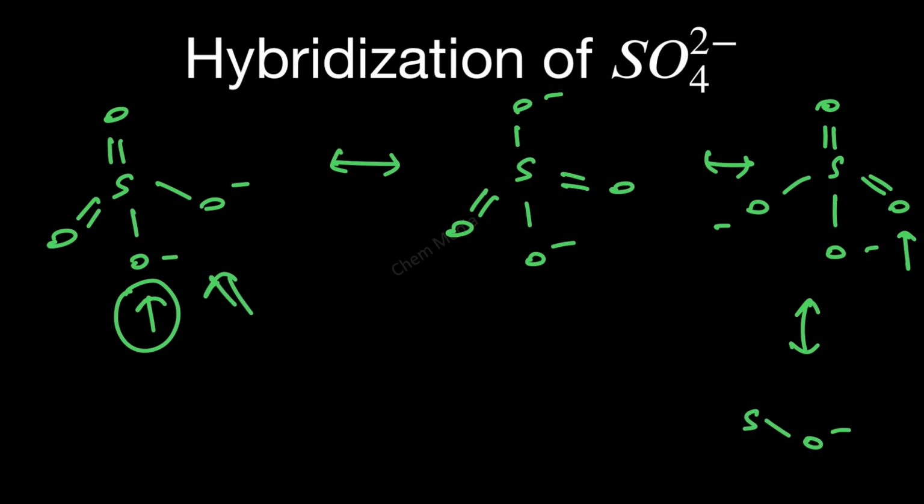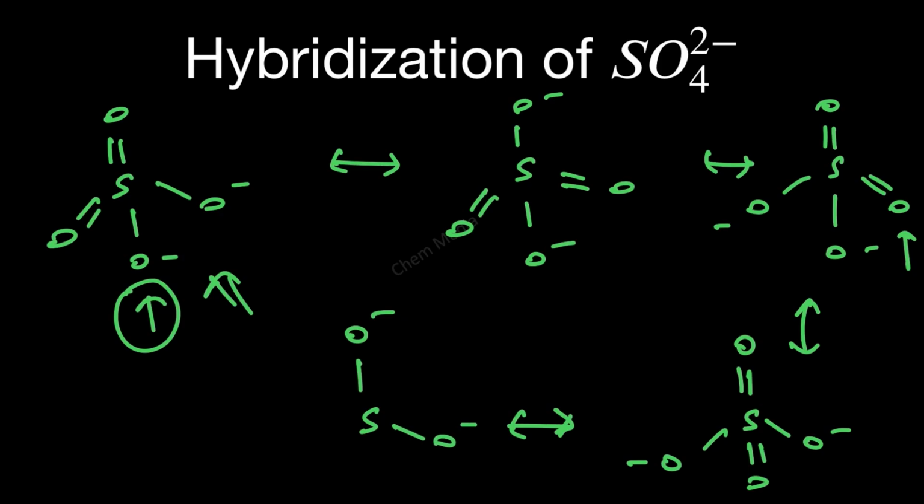We already have this, so therefore I am putting double bond here and putting negative charge here, and this is one resonance structure, and then other one would be putting a negative charge here, negative charge here. So this is another one, and then one more thing we can write, that would be this one.